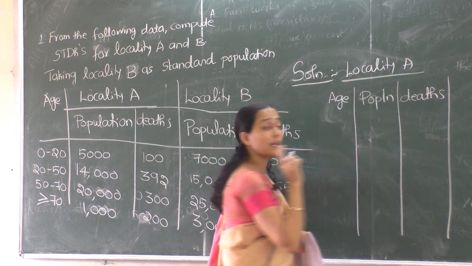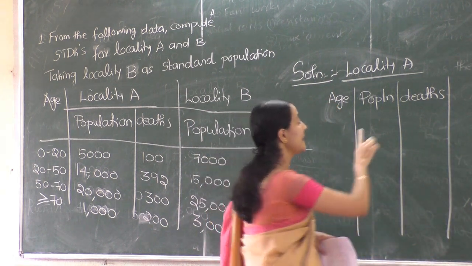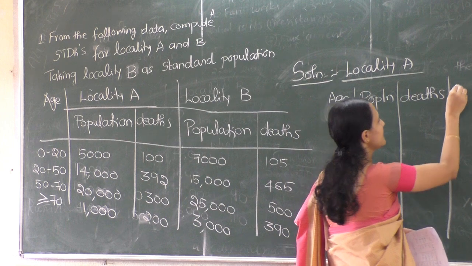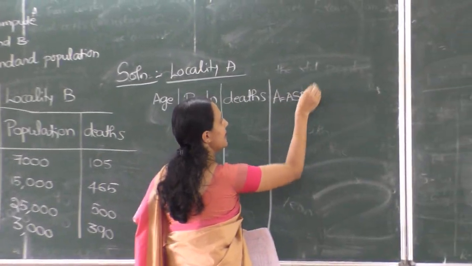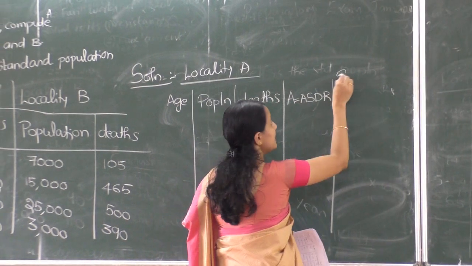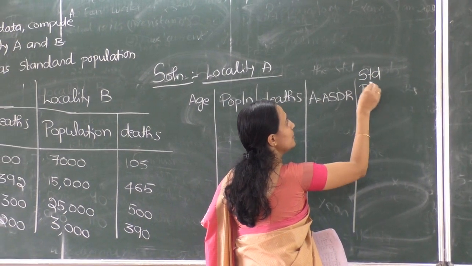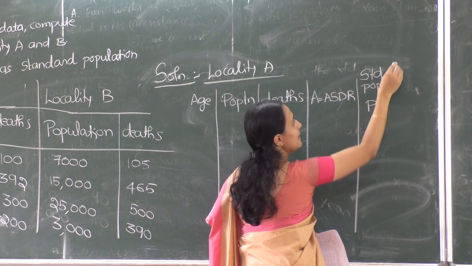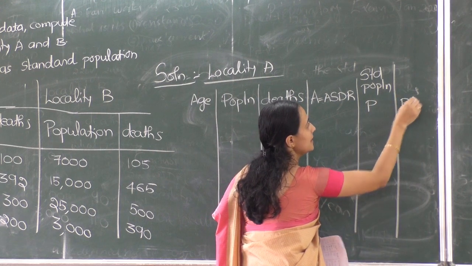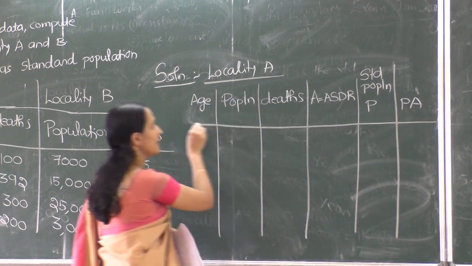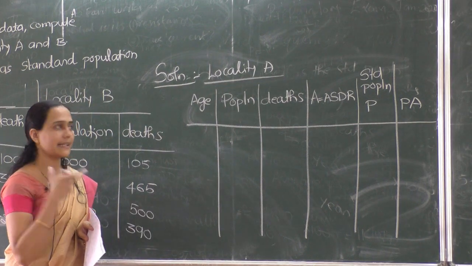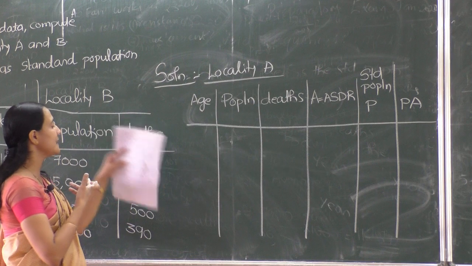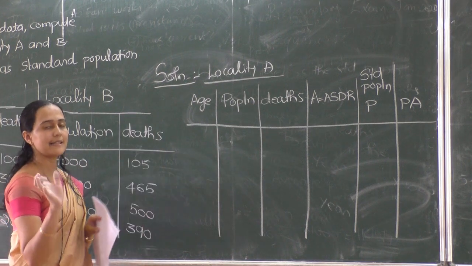See here we have to compute age specific death rate. Age specific death rate of A, let it be denoted by A, equal to ASDR. Next standard population. Standard population is P. Next P into A. One column for P into A. Because here locality B is taken as standard population. So locality B's STDR is same as CDR.